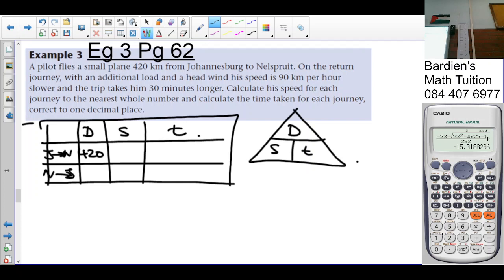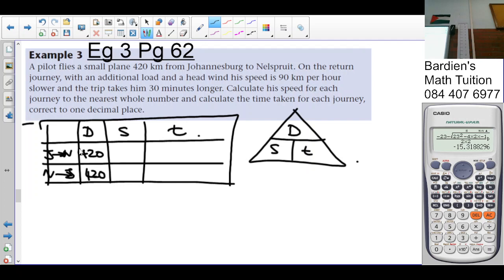Yes, also 420 kilometers. Then we are told on the return journey with an additional load and a headwind, the speed is 90 kilometers per hour slower and takes him 30 minutes longer.